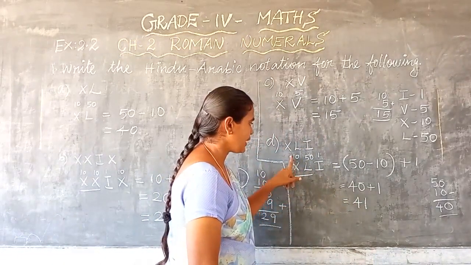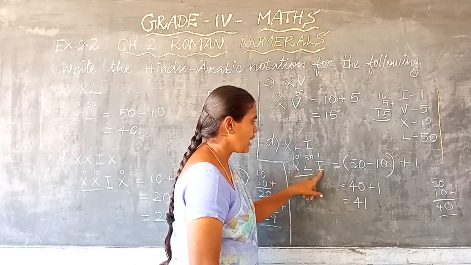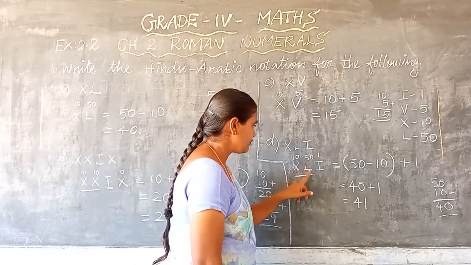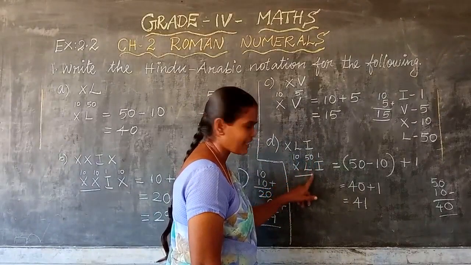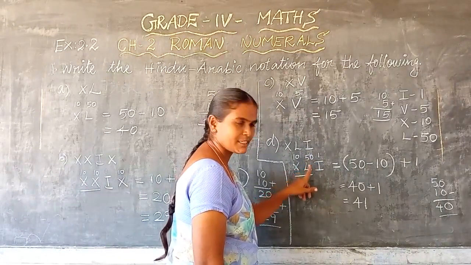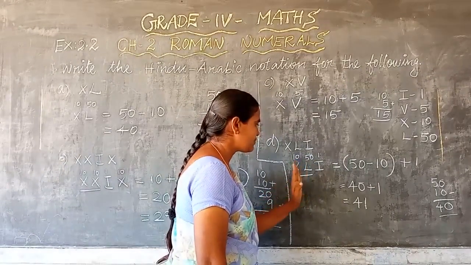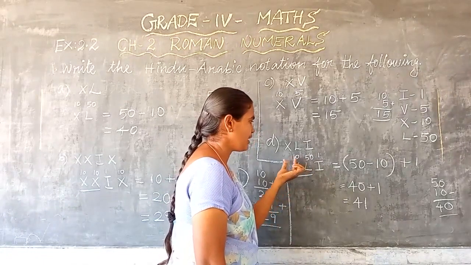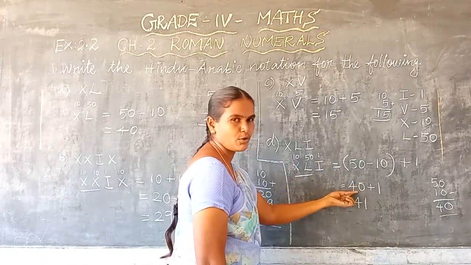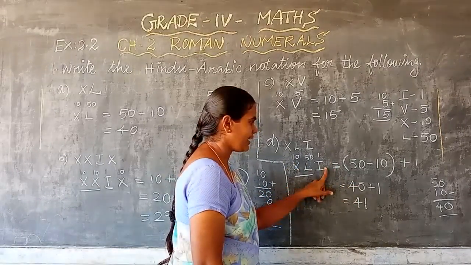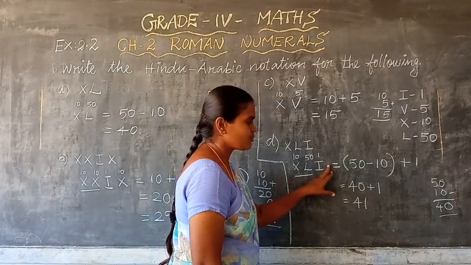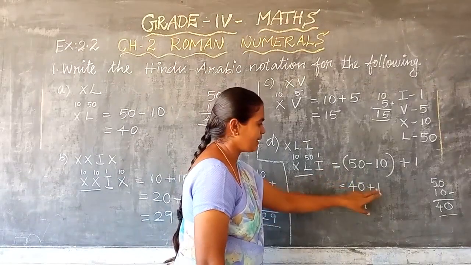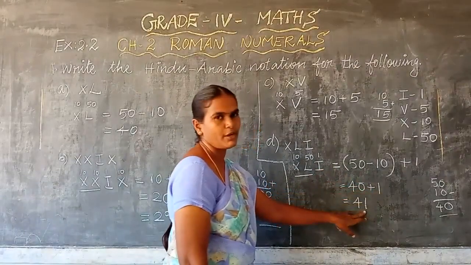So X value 10, L value 50, I value 1. So here first you take the first two numbers XL. L is the greater number. So greater number, left side we have the small number. So subtraction. 50 minus 10, we get answer 40. Then you add I. So this is right side small number means addition. So add 40 plus 1, 41.